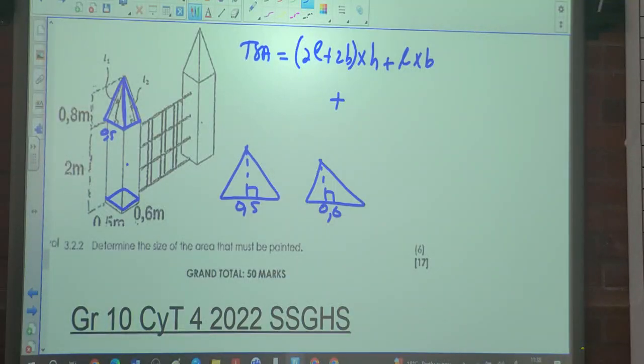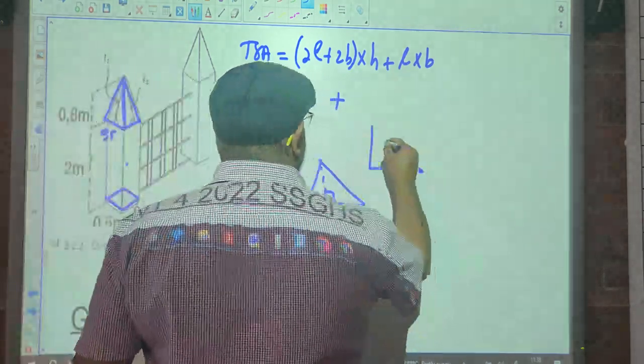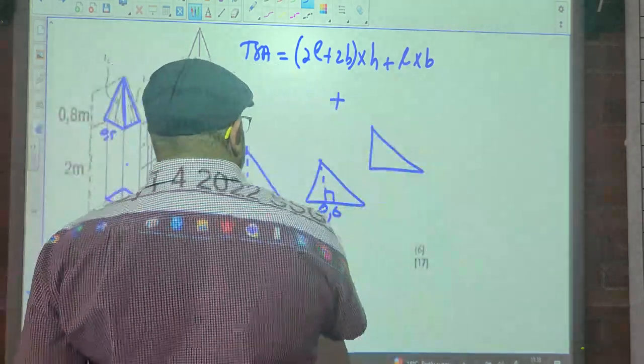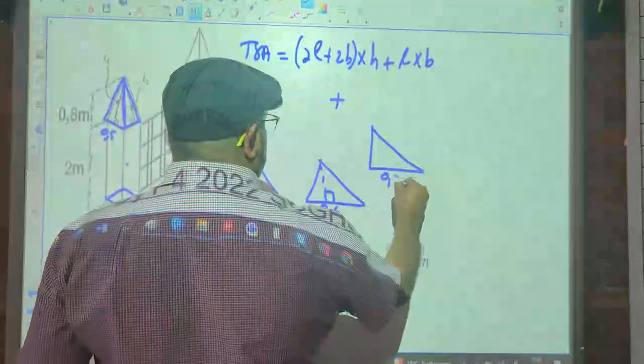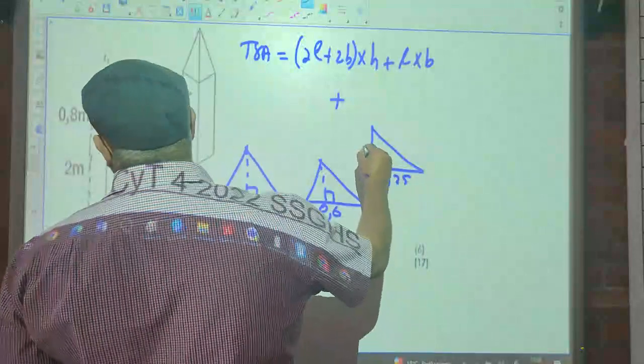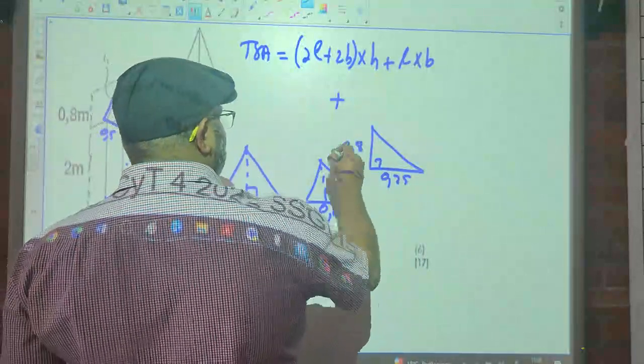Did they give us the length of L1 and L2? Yes, I'm seeing. Where's the other part? Oh, the triangle will lie like this. If that is 0.5, this is going to be 0.25. This height here is going to be 0.8.